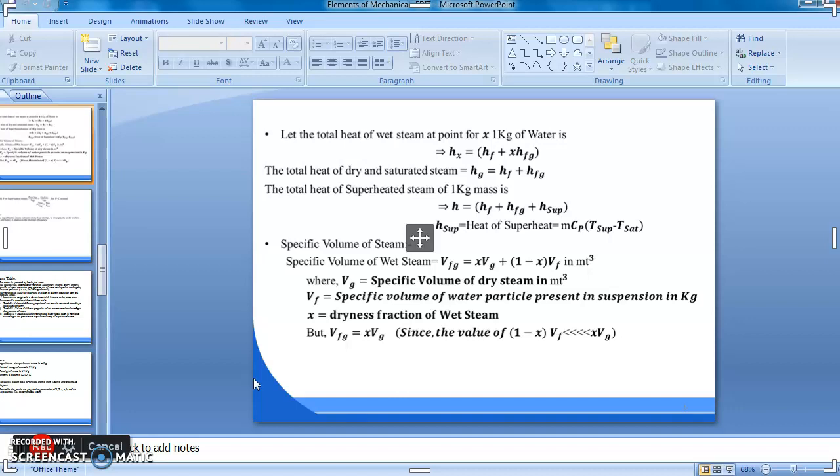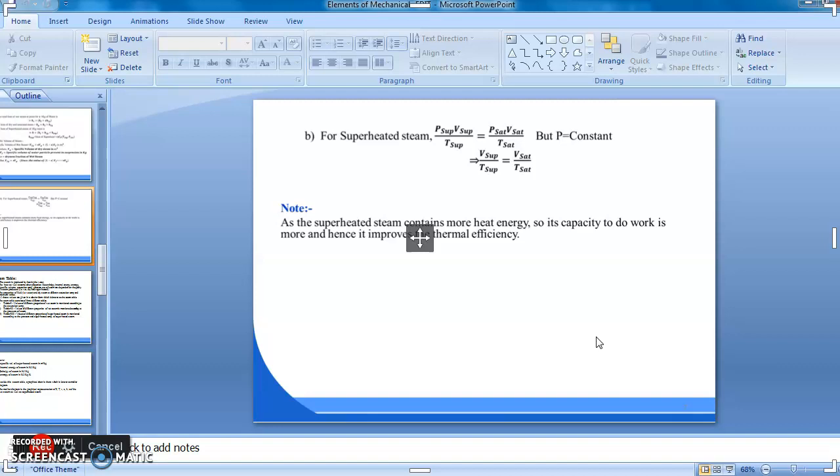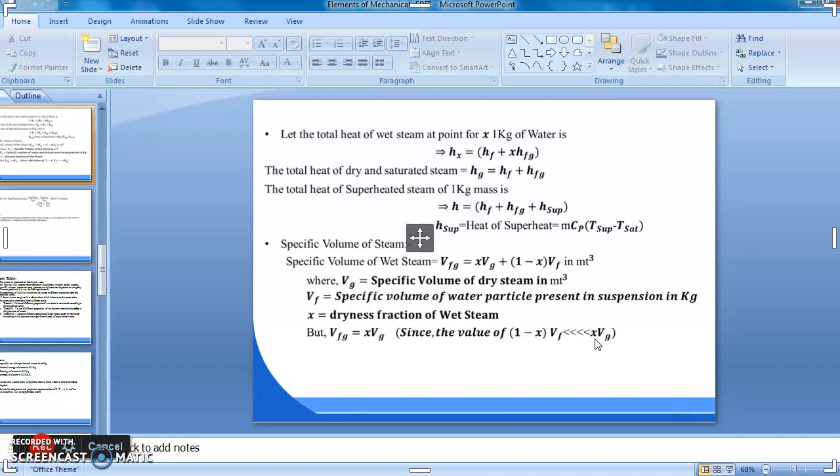For the wet steam, we have hf, that is the sensible heat, hfg, that is the latent heat of evaporation, and h super is the heat of superheat. T saturation is the saturation temperature or boiling point temperature. T super is the superheated temperature.